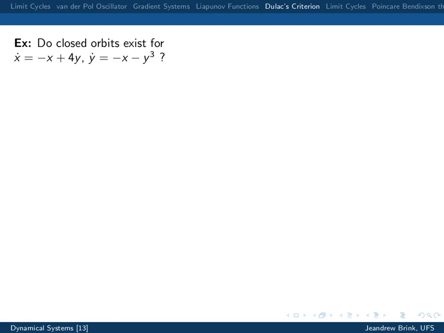So you would do the linear analysis. You would be able to tell whether the fixed points are stable or unstable. But that would not tell you whether you have a closed orbit. If I find a linear center? That would still not tell you whether you have a closed orbit.